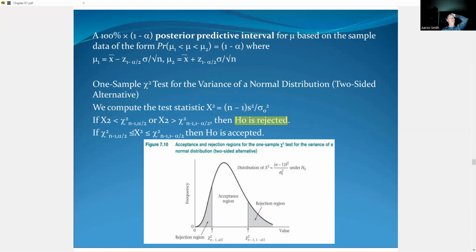If our chi-squared is between the two cutoff values, then the null hypothesis is accepted. In this region, we accept the null hypothesis. In these two, we reject the null hypothesis in favor of the alternative.